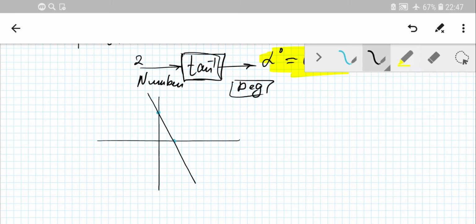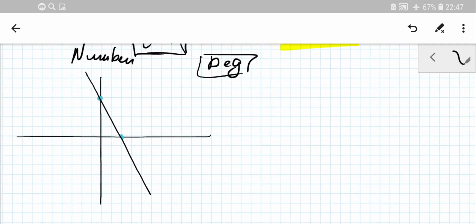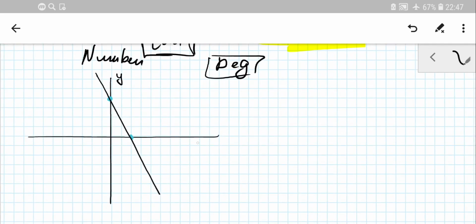Let's remember what equation this line should have. The line goes through 4 and 2, so the gradient is negative 2 over 4, and the equation is y equals negative 2x plus 4. So the gradient is negative 2.